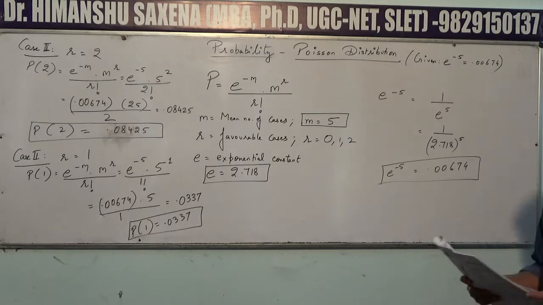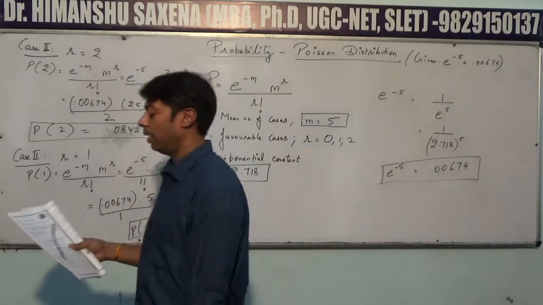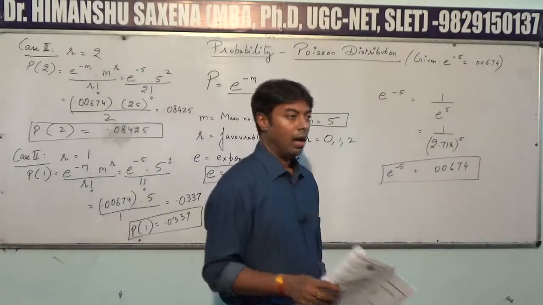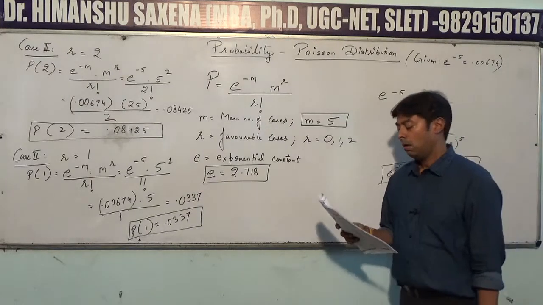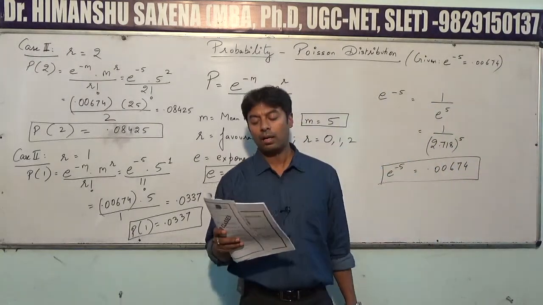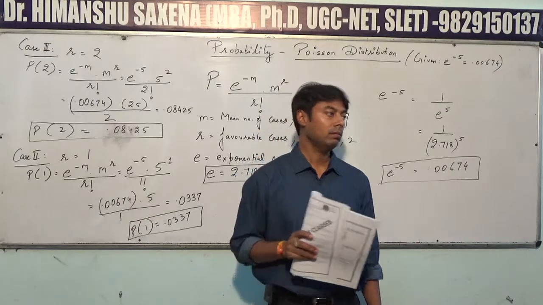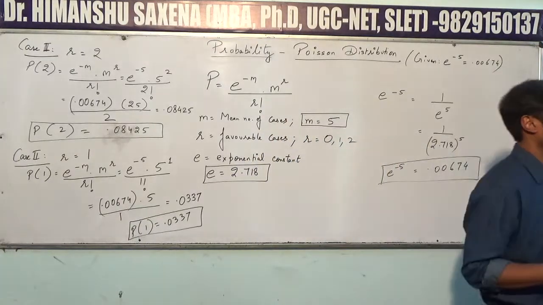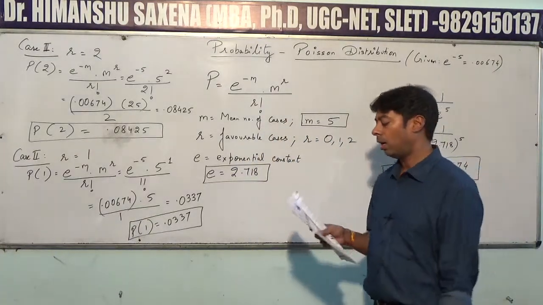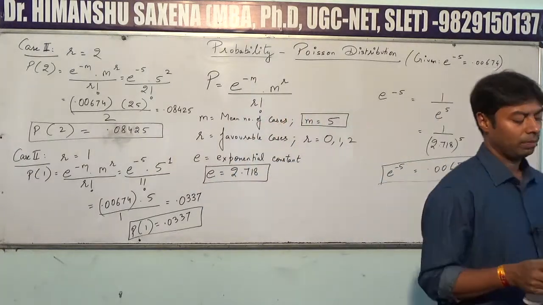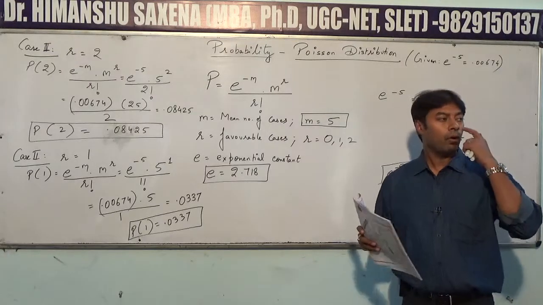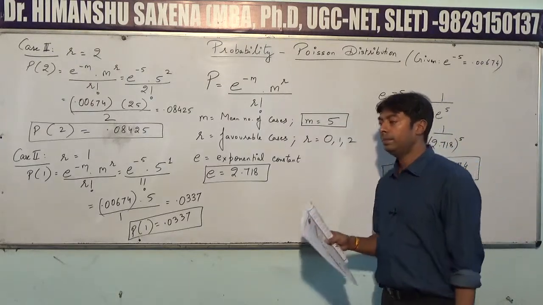An operator hires on an average 2 cars each day. Using Poisson distribution.